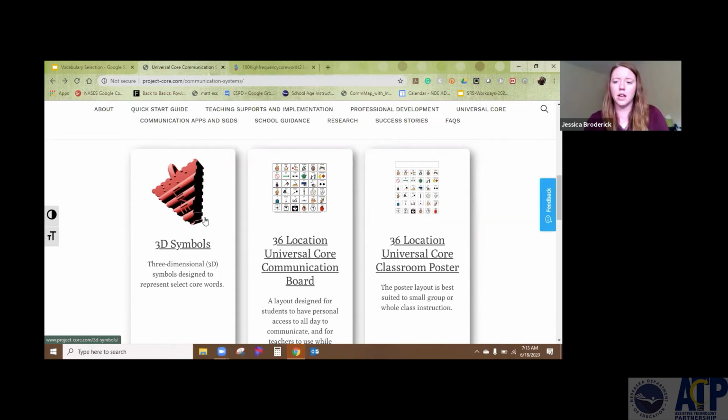They're different colors. They all have different textures around the edges. And then they also have the Braille word if you have a student working on Braille, and then some kind of symbol. So it's a very tactile way for students to communicate if they do not have vision, or maybe they just have some cognitive impairments that lead that to be the best option for them.